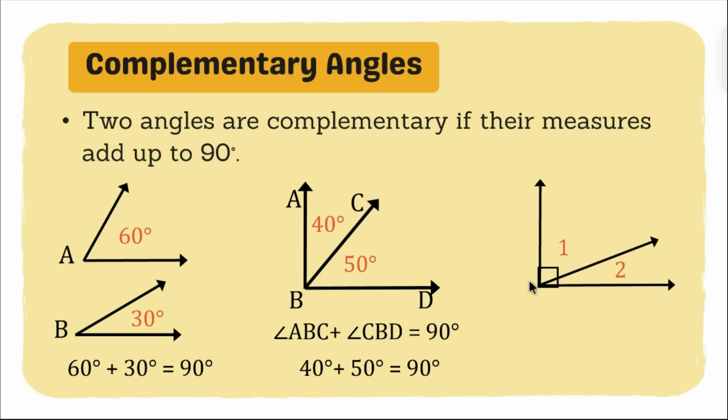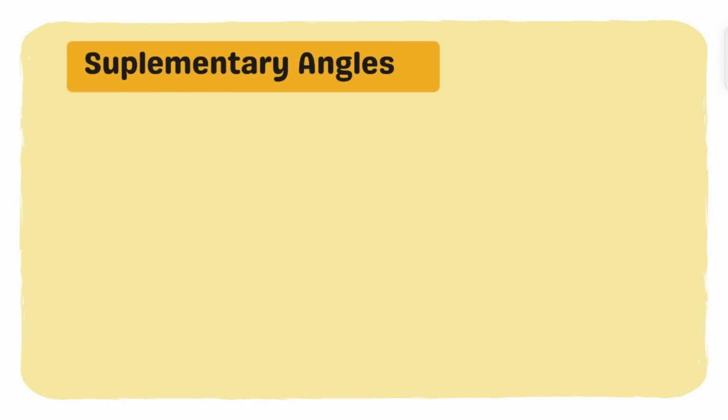Alright? As you can see, there's a box type or a square. They actually call this foot. Okay? So, ang ibig sabihin niyan, pag may nakita kayong ganyang symbol, it means 90 degrees. Okay? So we can say that the measurement of angle 1 and the measurement of angle 2 is equal to 90 degrees.